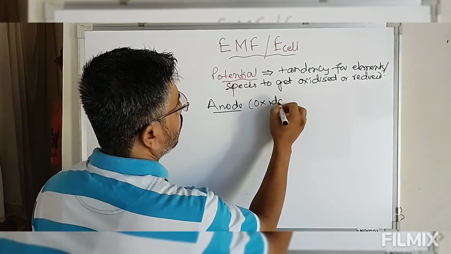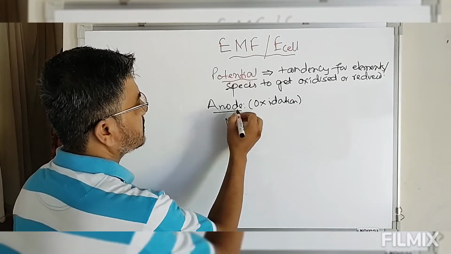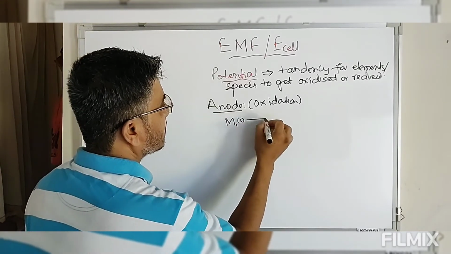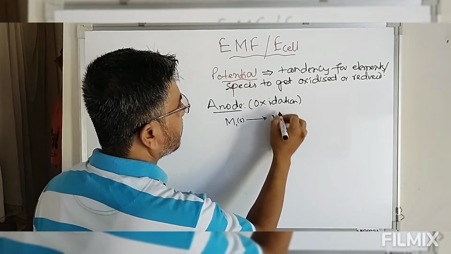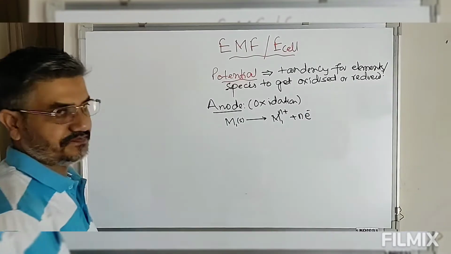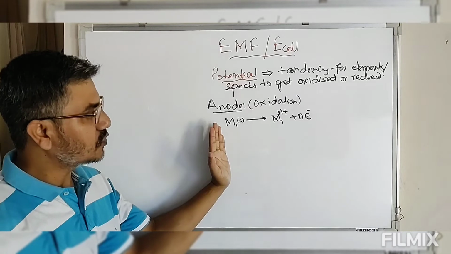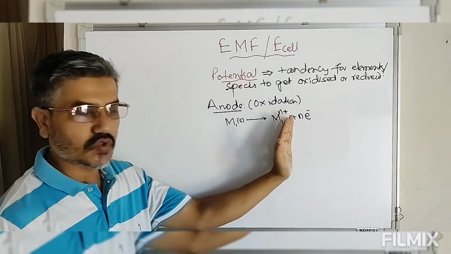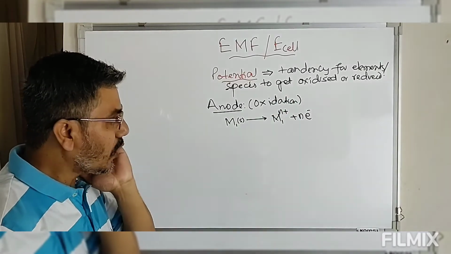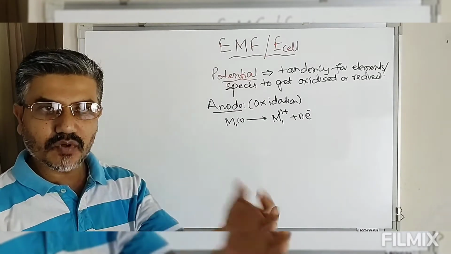So suppose a particular metal, M1 solid, gets oxidized to give you M1 n plus, and n electrons are released. This is the half cell reaction.